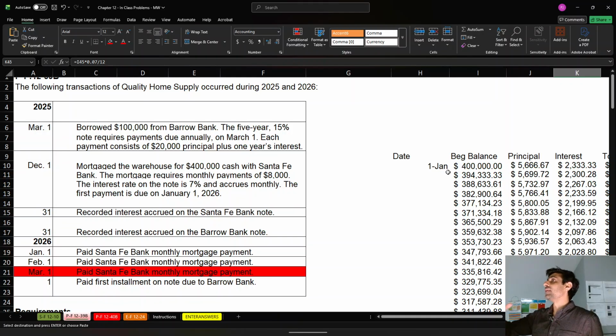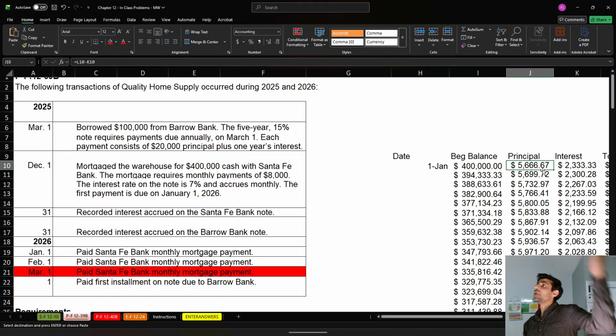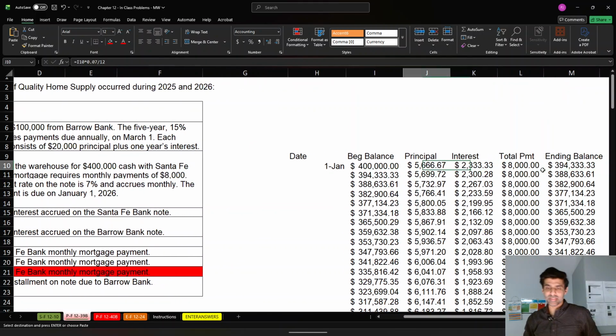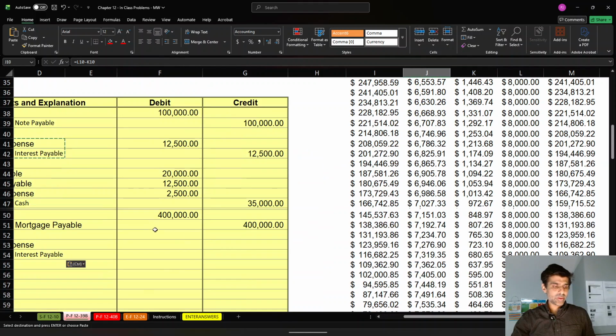We took it out on December 1st, and the payment is on January 1st, which is the next day, but we're basically accruing all the way up through December 31st midnight, and so it's the same amount because it's the same principal and interest amount as January 1st, 12:01 a.m. So the interest amount is this, the principal amount is this.